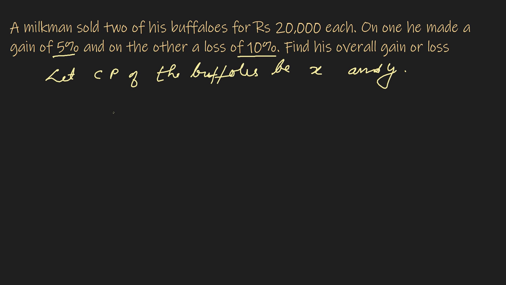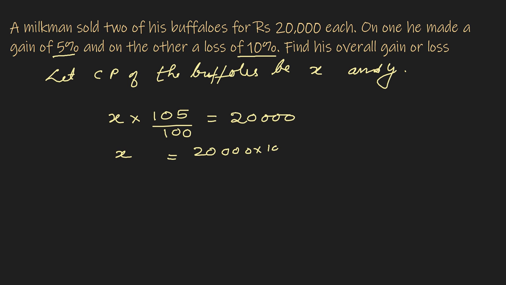So when there is a gain of 5%, X into, since it is gain, 105 by 100 makes rupees 20,000. That is selling price, which is 20,000 in both cases. Now how will you find X from this? It is equal to 20,000 into 100 by 105. Do yourself.